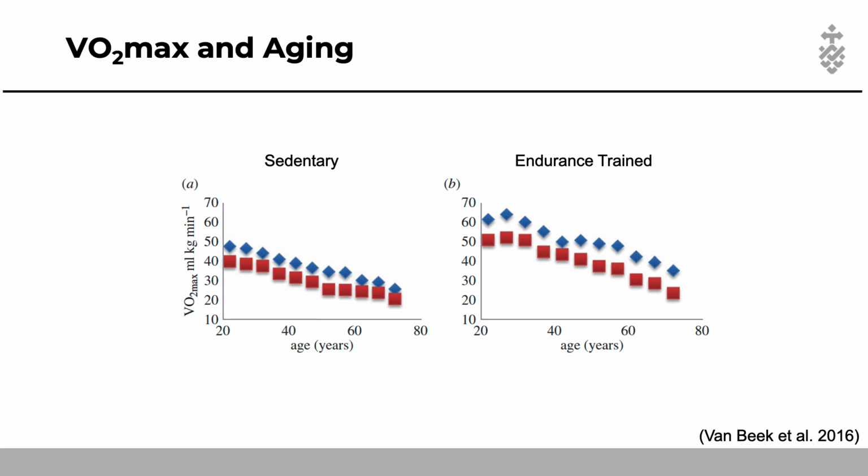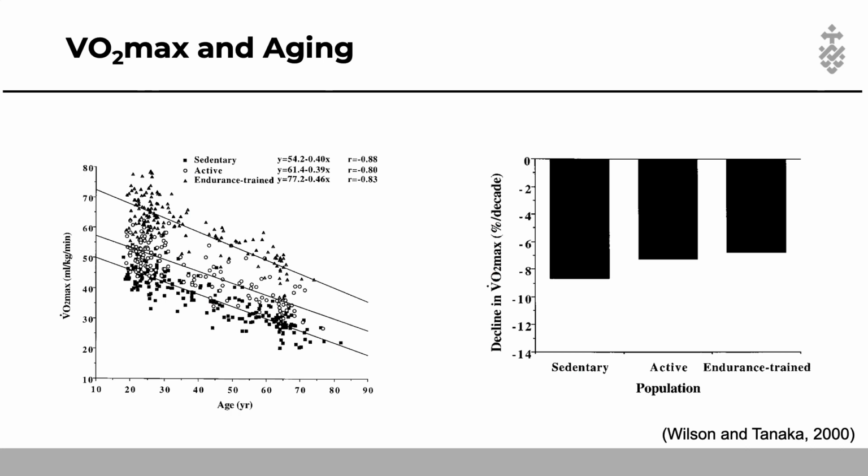So let's have a look at how the decline in VO2 max compares in endurance-trained and sedentary individuals. Looking at this first picture on the left, we can clearly see that whether it's for sedentary, active, or endurance-trained participants, the age-associated decline in VO2 max is inevitable.